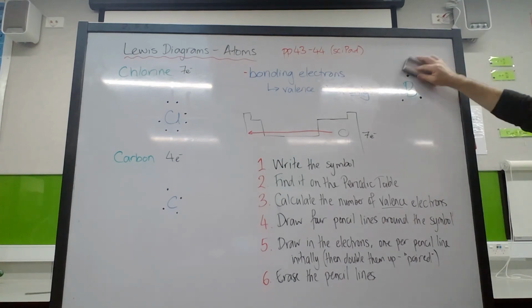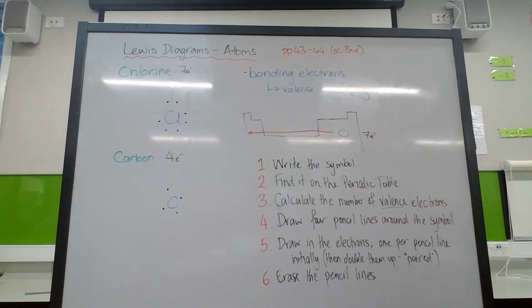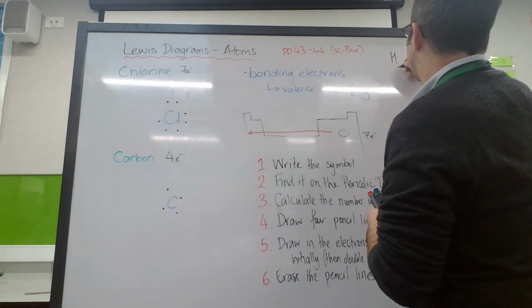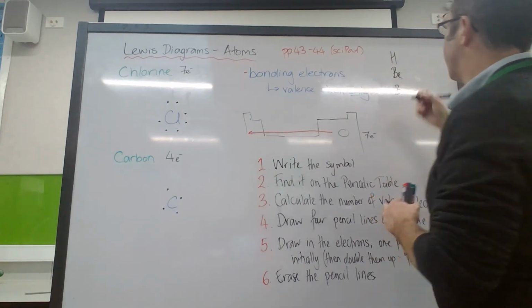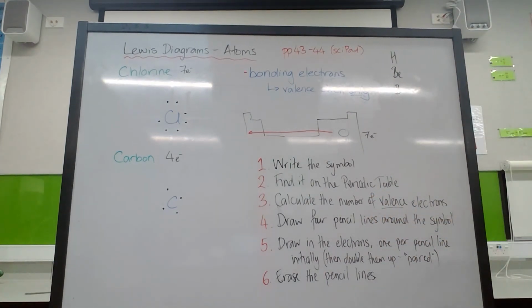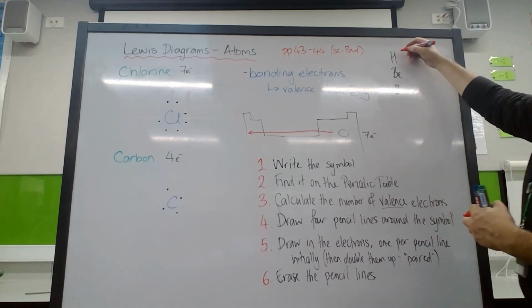And that's the last thing I want to go through, is that most atoms and molecules are going to end up making 4 chemical bonds. We'll do that in the next bit of teaching. But hydrogen, beryllium, and boron are exceptions in that hydrogen can only make 1 chemical bond.